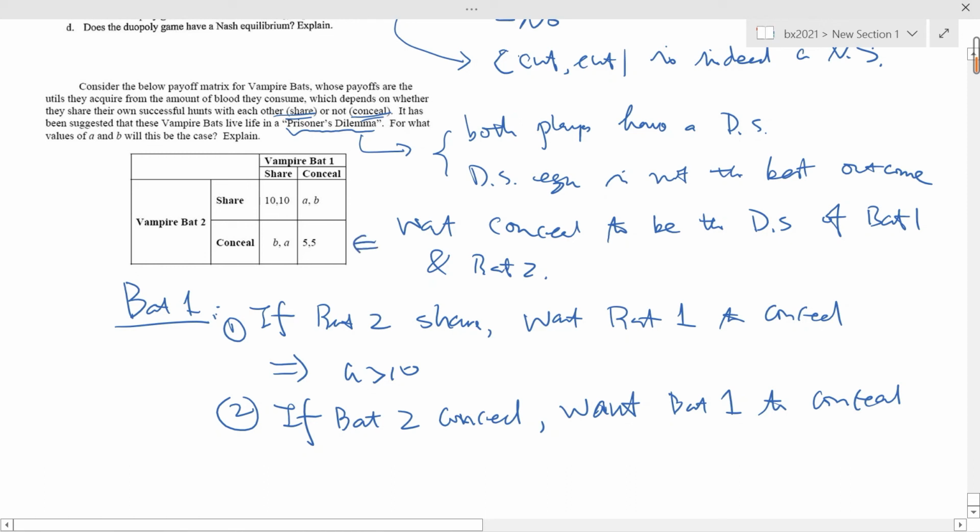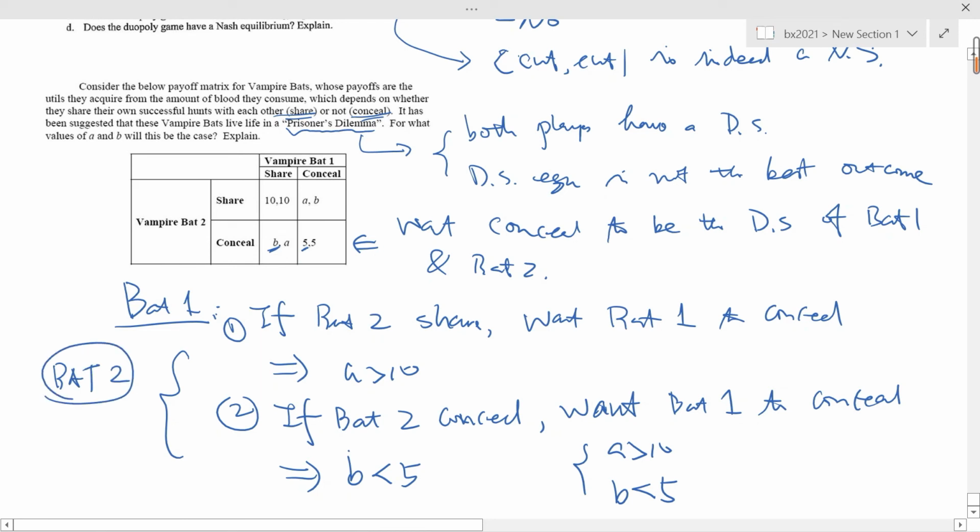So now bat 1 needs to compare this payoff with this payoff. So we want bat 1 to conceal, which means B will be less than 5. For values of A and B, we need to satisfy these 2 conditions: A is bigger than 10, B is less than 5. And I will leave you to check bat 2. It is exactly the same way, and you will end up with exactly the same answer here.